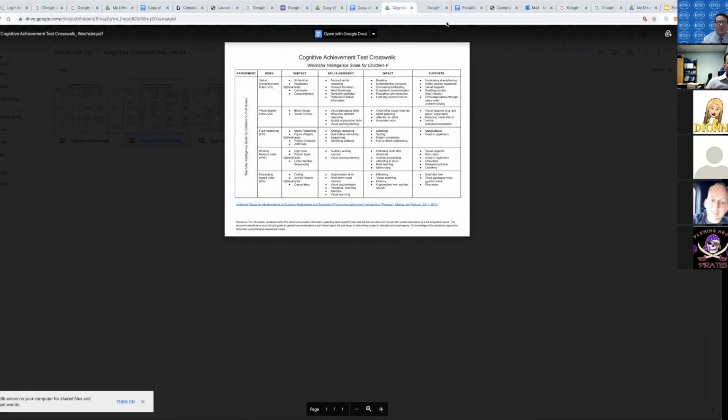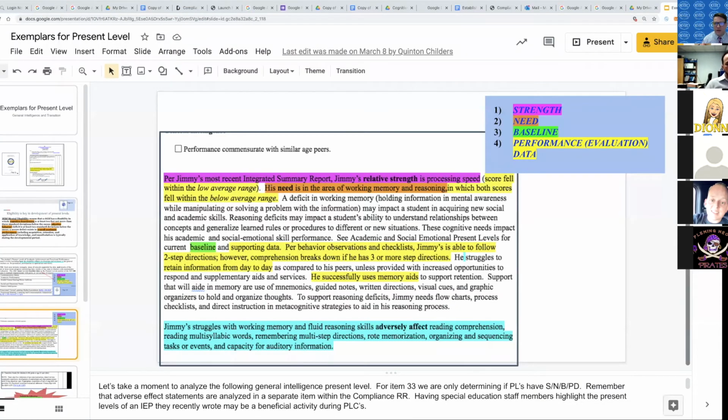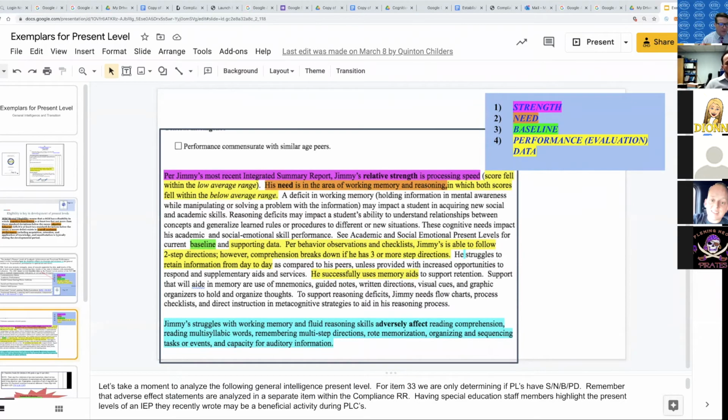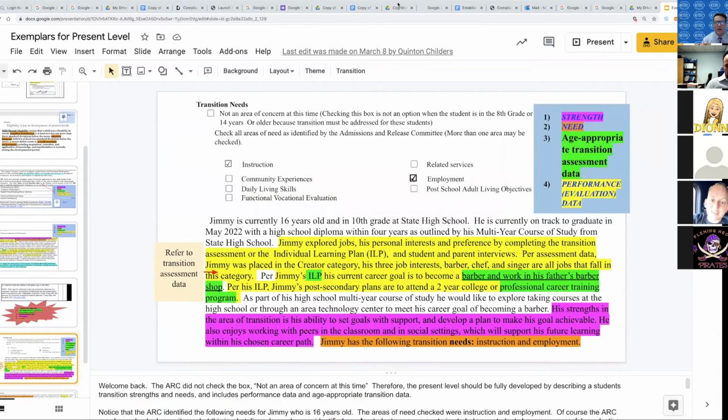So when KDE reviews your files, it's so very important that you are able to do general intelligence a little different. Now, if I go back to my exemplars, there's also a section here with these exemplars that talks about how to do transition, okay, and what we're looking for there. And we'll talk about that a little bit later as we move through.